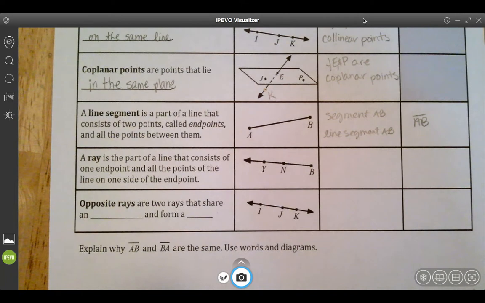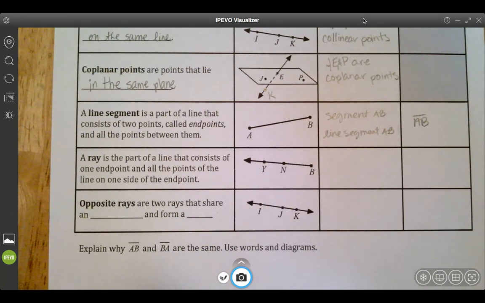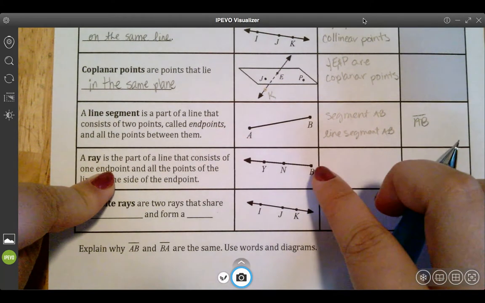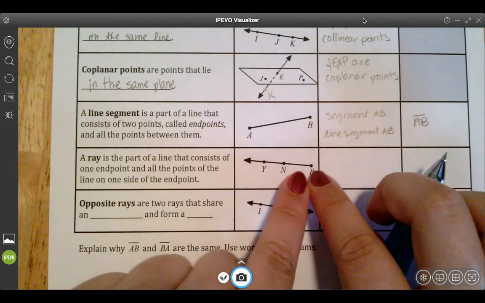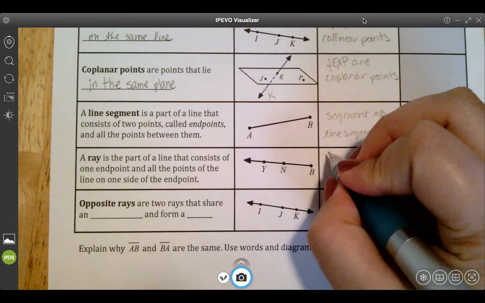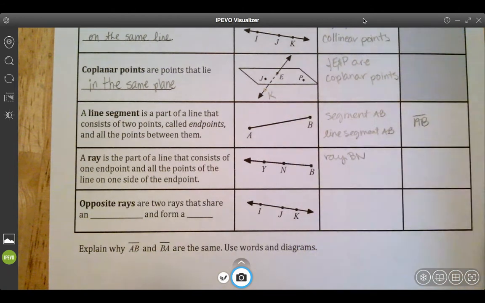So what if it has an arrow on just one side? Then it's called a ray. So a ray is part of the line that consists of one endpoint, so one side that ends, and all the points of the line on one side of that endpoint. So it's one side it ends, one side it keeps going. And we could call this ray BN.